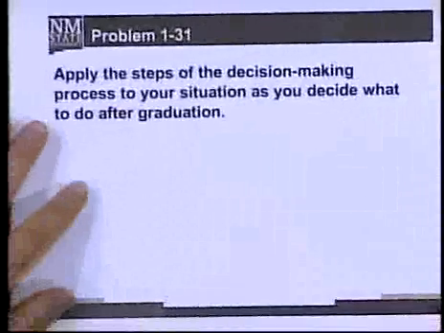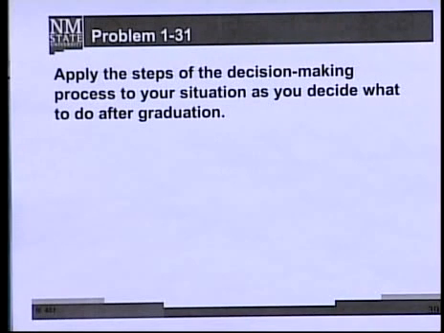So let's consider problem number 1-31. Apply the steps of the decision-making process to your situation as you decide what to do after graduation.